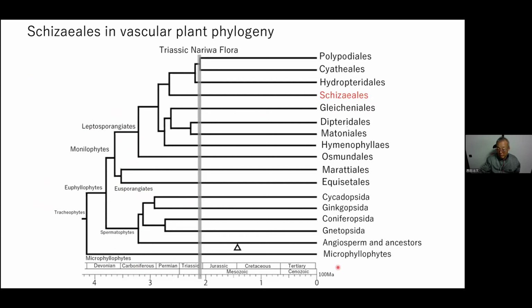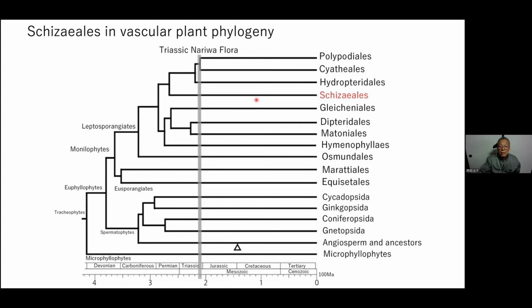And this figure is used to explain the Japanese Triassic Nariwa flora. But this figure I just use to show the phylogeny of vascular plants. So just forget this Nariwa flora. And this triangle shows the start of the fossil evidence of angiosperms.